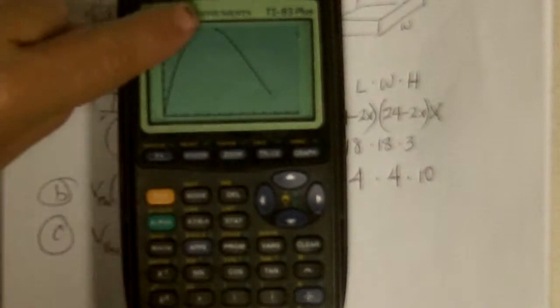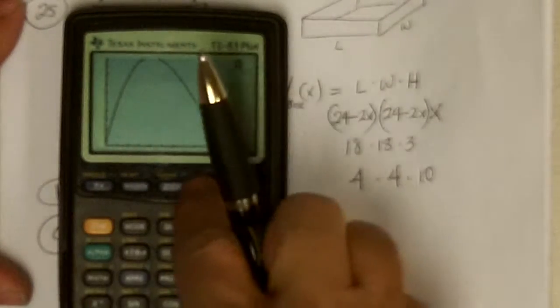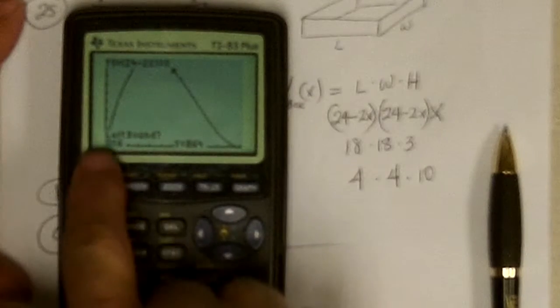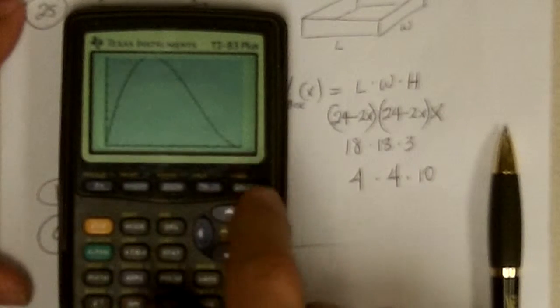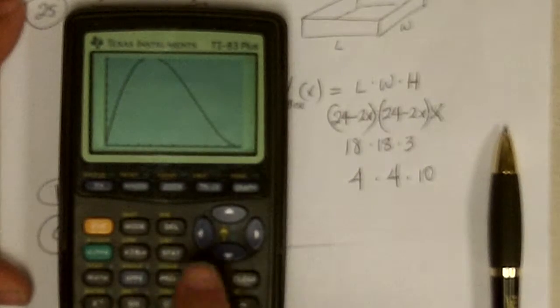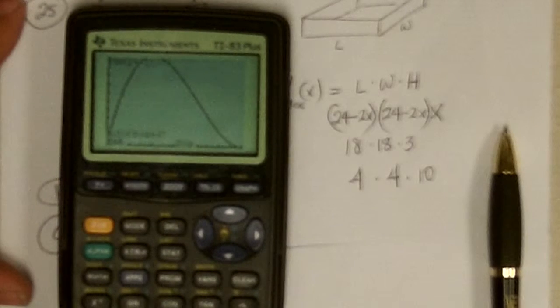Oh, it even goes over 1,000. So if I wanted the maximum, I would go second, calculate the maximum, and it looks like it happens somewhere between 0 and 12, probably around 4. So second, calculate the maximum between 0 and 12, and somewhere around 4.